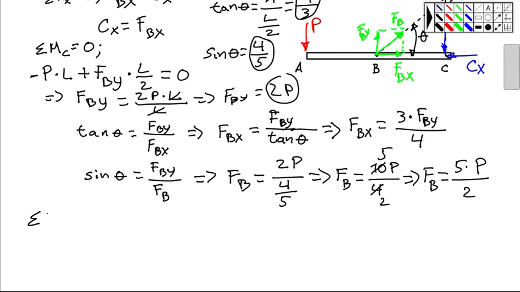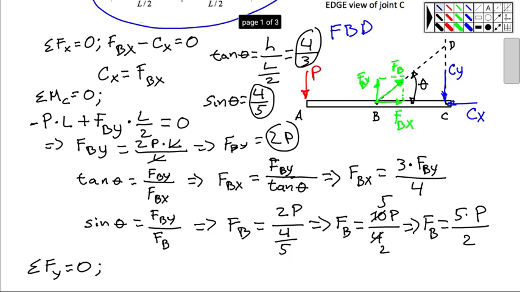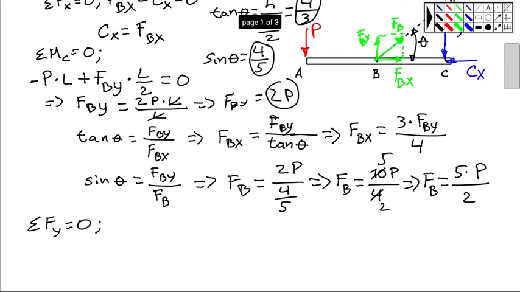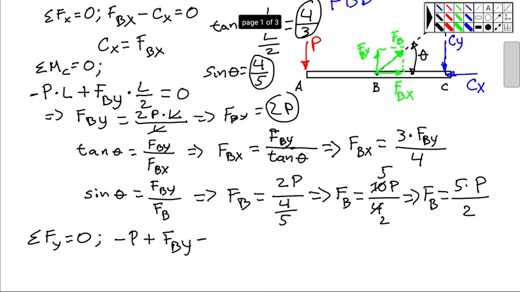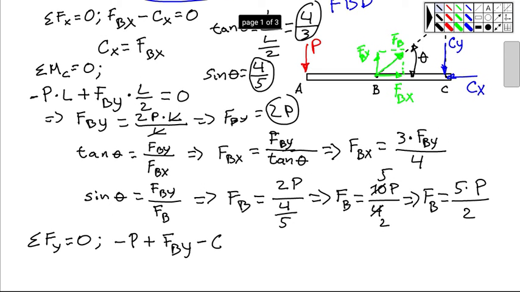Then we have the sum of the forces in the y direction equal to 0, and we have minus P, plus Fby, and finally minus Cy equal to 0.